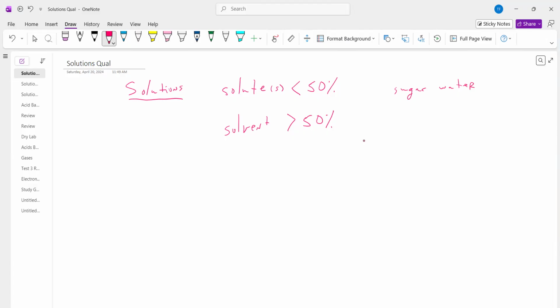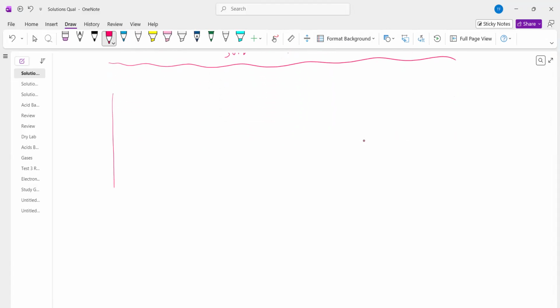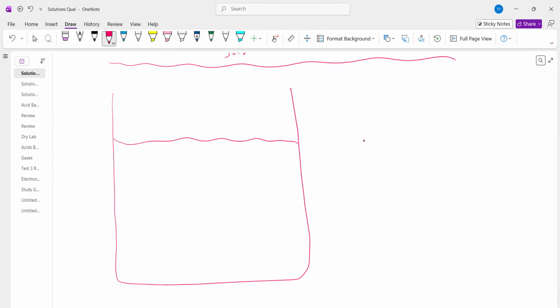Oh, all right. So let's look at what's going on. Okay, so let's have a salt solution. So we're going to drop a cube of sodium chloride, table salt, into this water.